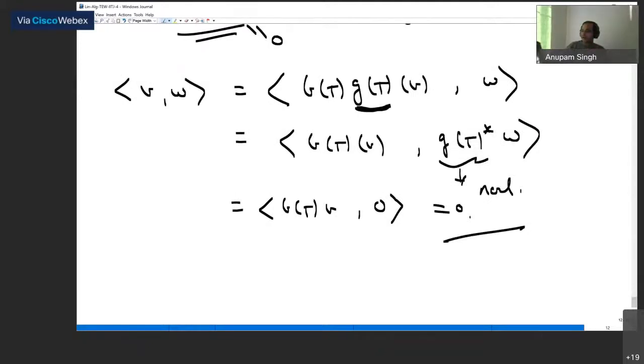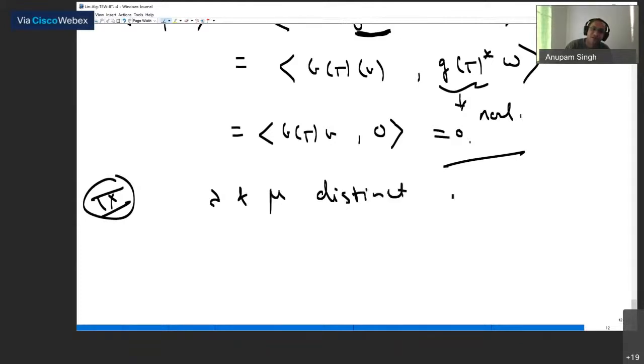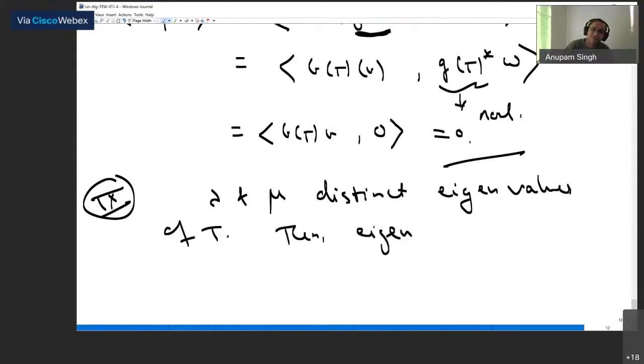And finally, a simple fact I want to write here, which follows from this, is problem number 9. Suppose I have lambda and mu distinct eigenvalues of T, then the eigenspace E_lambda is perpendicular to E_mu.